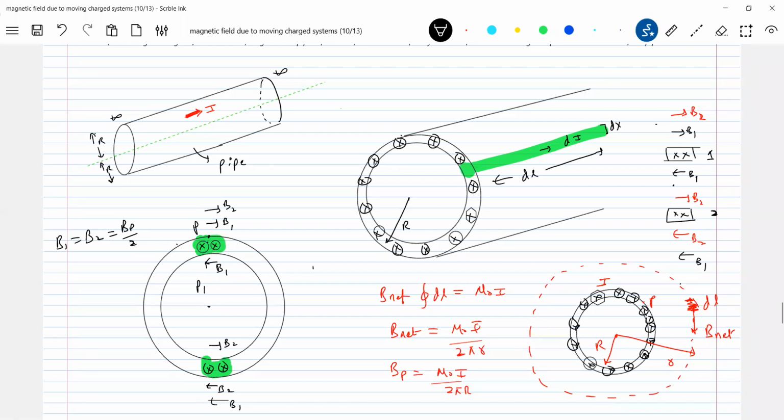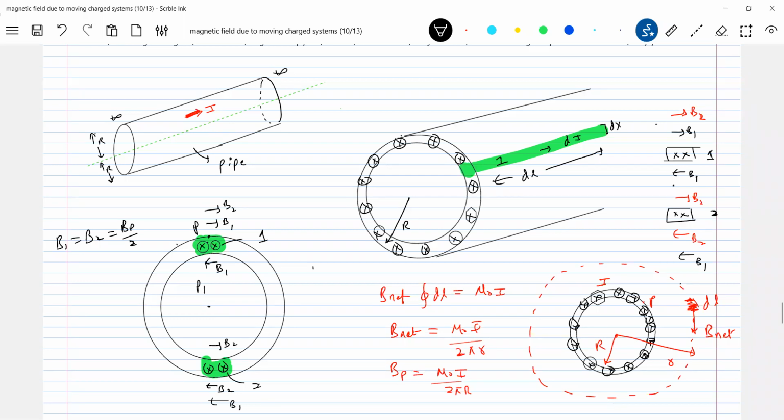Now let's assume that. Shall I assume that one? This surface, present in the field produced at the point P, will experience force due to the field produced by the second sheet, or the second element. There's the first element and there's a second element, which you assume exactly symmetric to that.